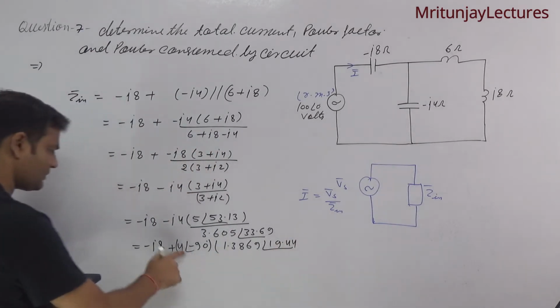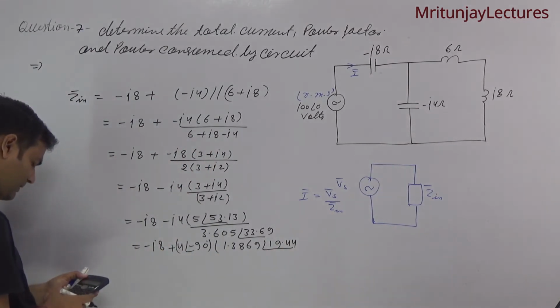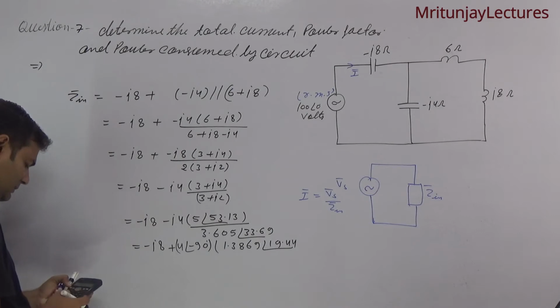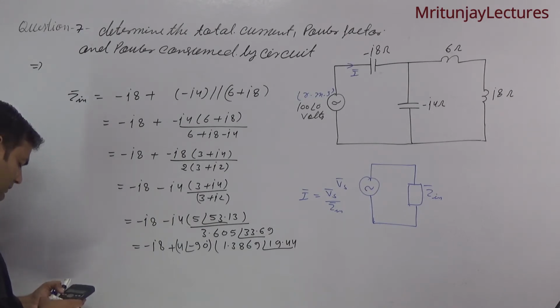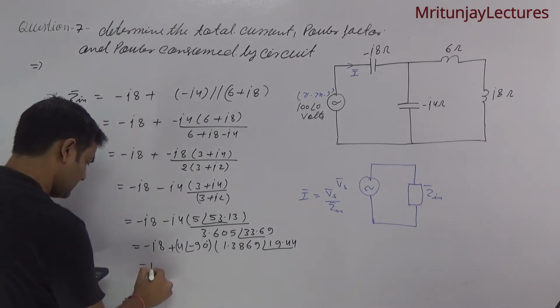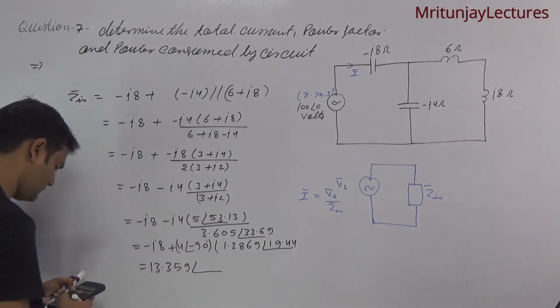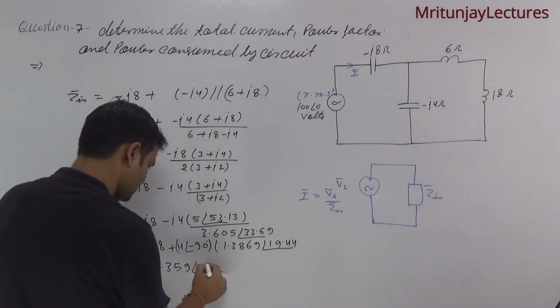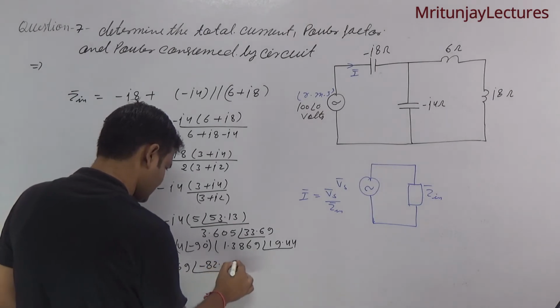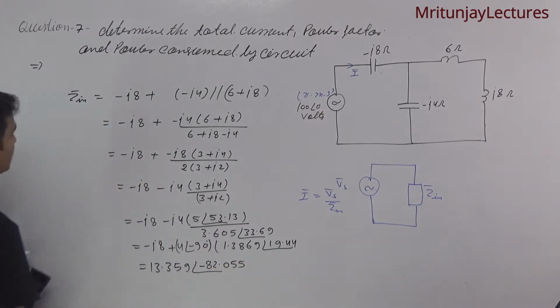If this one is multiplied with this one, 4 at the angle minus 90, plus 8 at the angle minus 90. Finally we got 13.359 at the angle minus 82.055, that is Z in.